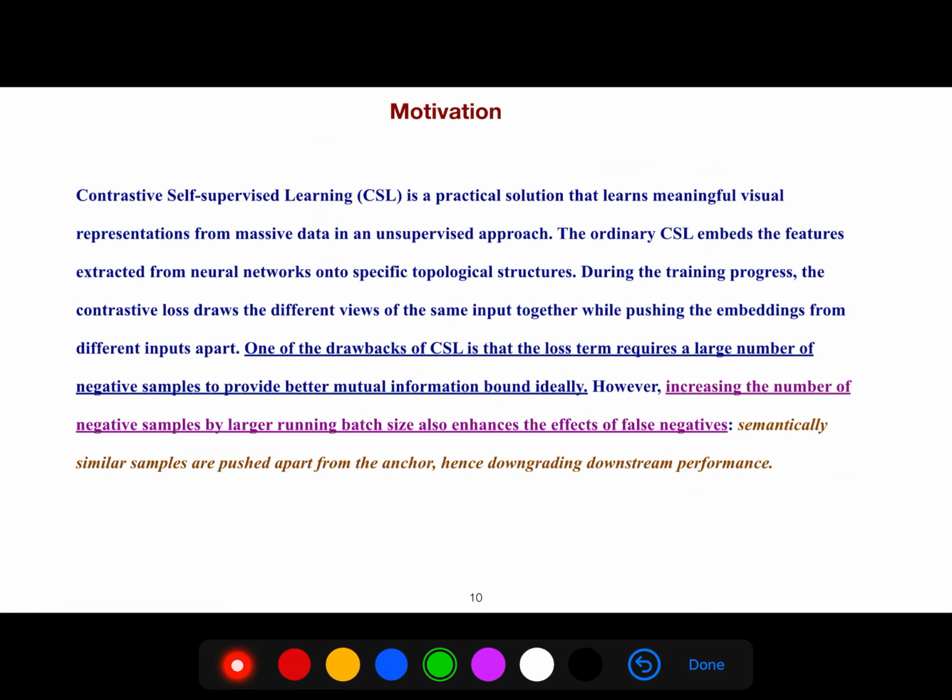So contrastive self-supervised learning is a practical solution that learns meaningful visual representation from massive data in an unsupervised approach. The ordinary CSL embeds the features extracted from neural networks onto specific topological structures.